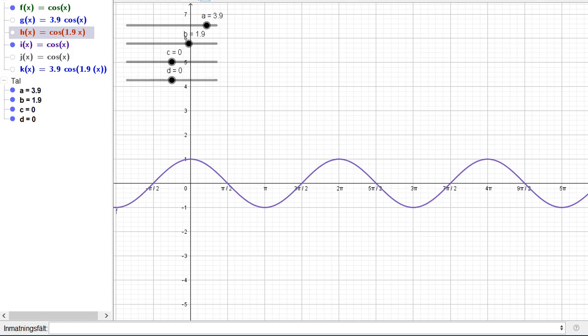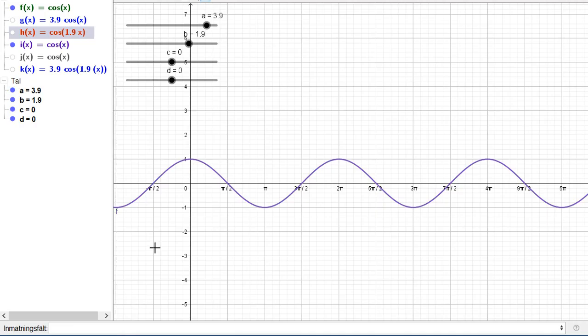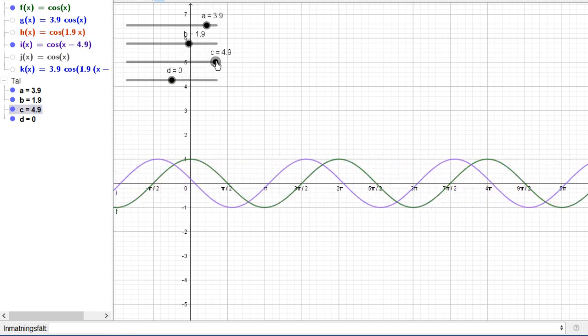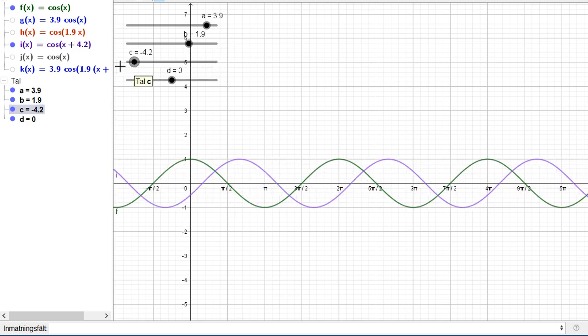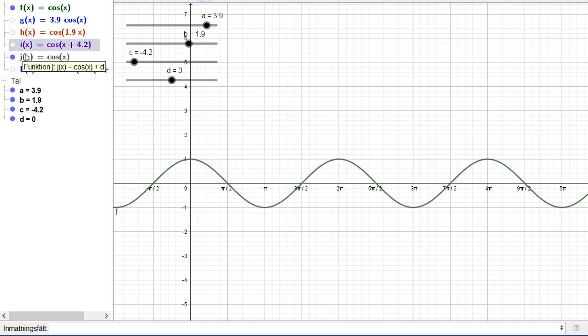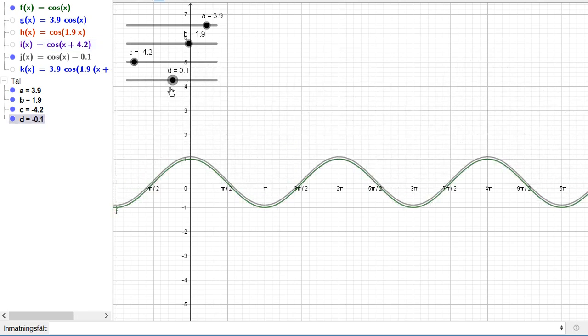Next, we remove that. What does the C mean here? It's the same as in sine. If you missed my sine video, I'm not going too deep here now. It shifts to the right if it's positive, to the left if it's negative. And then for the D, the D is up and down.